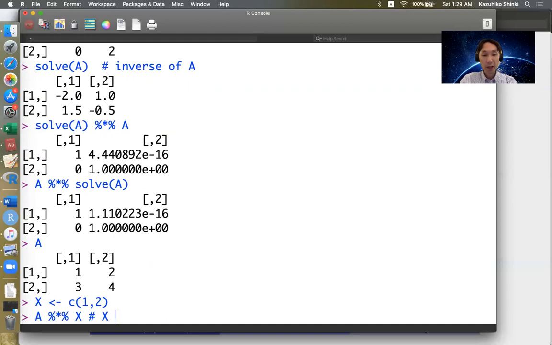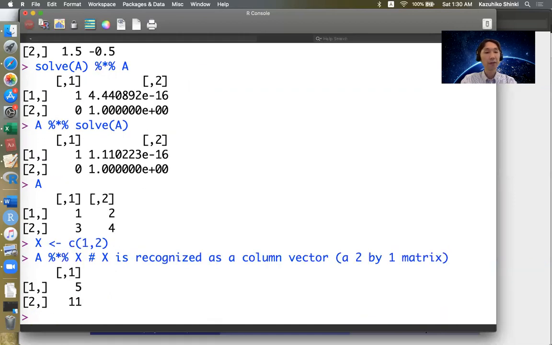In this way, X is recognized as a column vector, or I would say a 2 by 1 matrix. So this is 5, 11. You can see the inner product of the first row of A and X: 1 times 1 plus 2 times 2, that is 5.